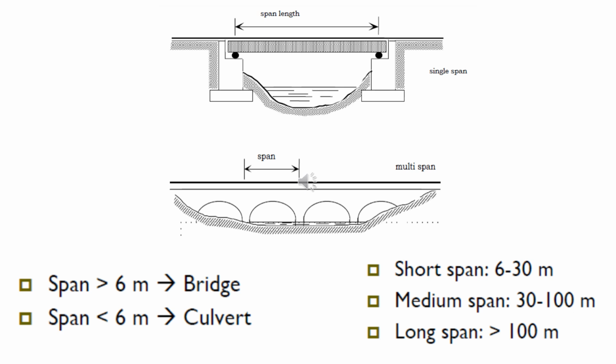A bridge having a span length ranging from 6 meters to 30 meters is considered a short span bridge. If the span length is ranging from 30 to 100 meters, then we can call the bridge a medium span bridge. Then we can call it a long span bridge when its span length is greater than 100 meters.